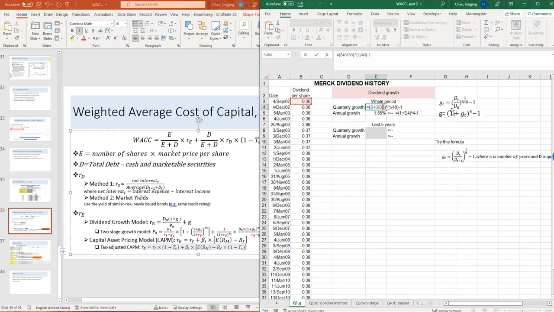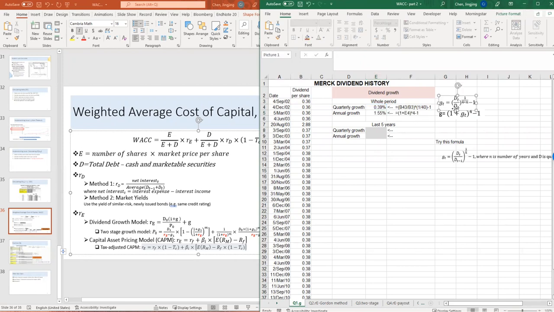Now 4 is because the dividend is usually issued every quarter. And so we're trying to get the quarterly growth first, and then calculate the compounded growth rate for a whole year.